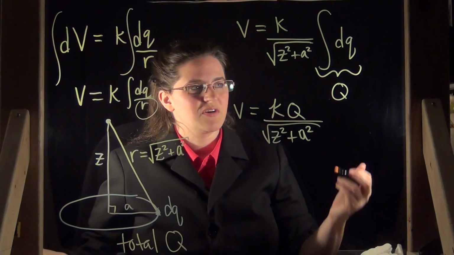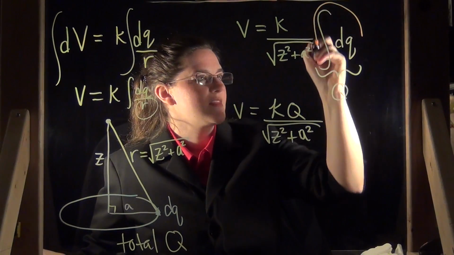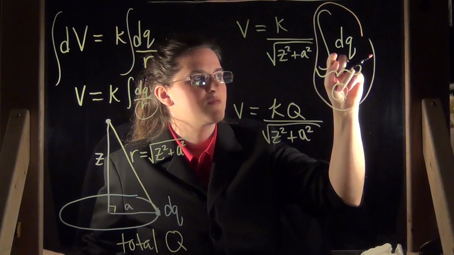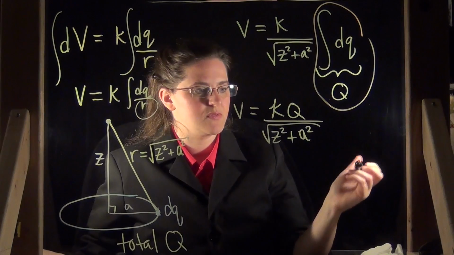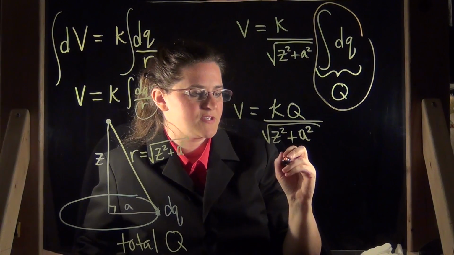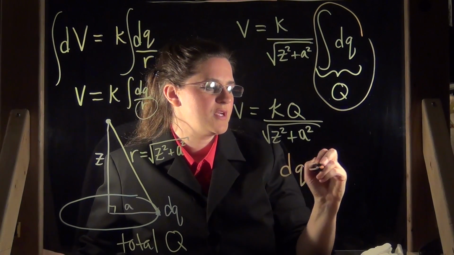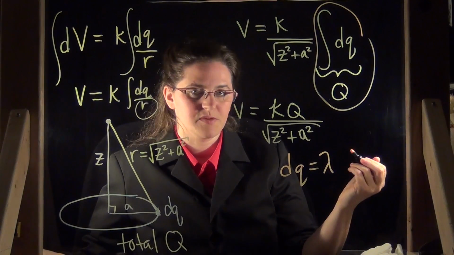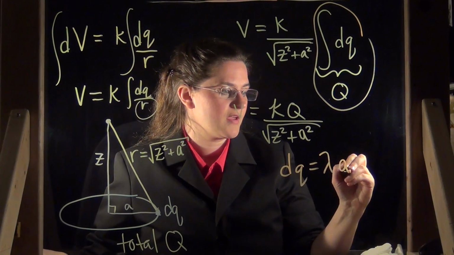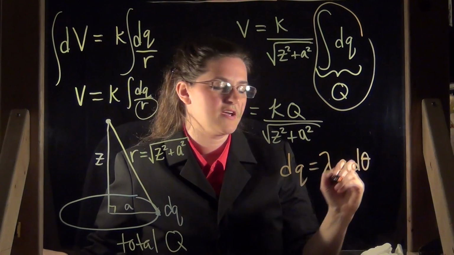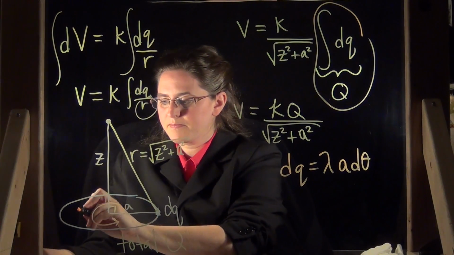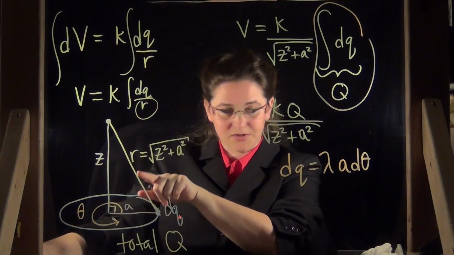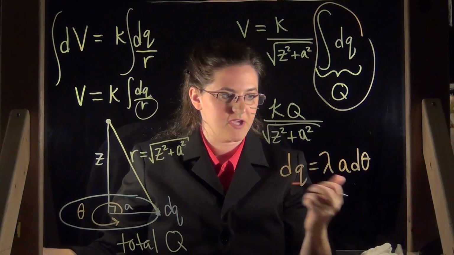Now, if you didn't notice this piece, that the sum over all of the little dq's added up to the total charge Q, you could also compute that with the charge density. So dq would be equal to lambda times a piece of an arc length, a d theta, and you would integrate around theta, from 0 to 2 pi all the way around because it's a ring.